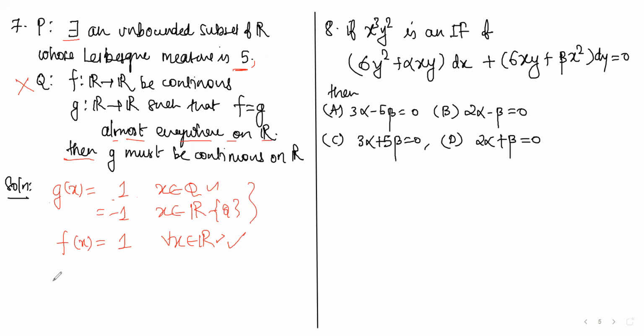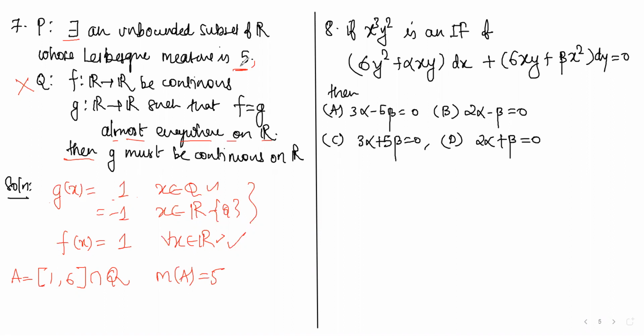So for this purpose, I need to construct a set whose measure is 5. So 6 minus 1 will be 5. And since I have to make this set unbounded, I'll take the intersection with Q. Take this set A to be the closed interval 1 to 6 intersected with Q. It has measure of A equal to 5.